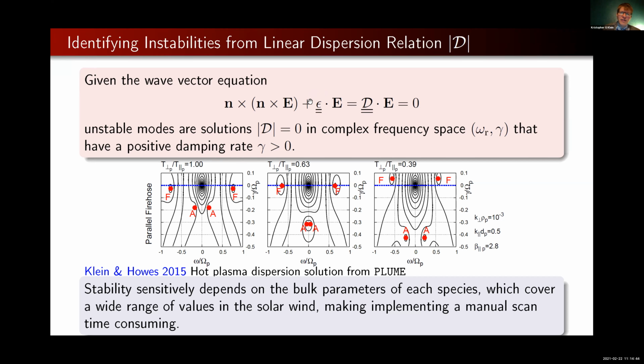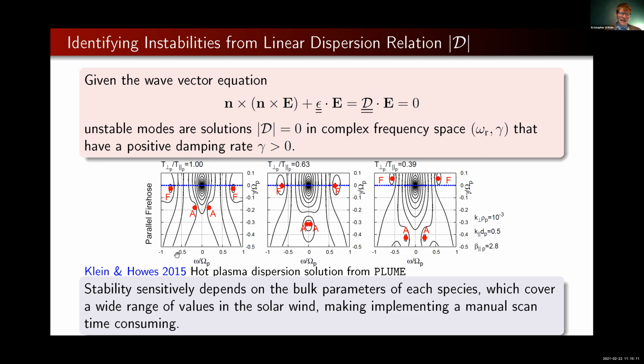All of the physics there is bundled together into that epsilon, that dielectric tensor, which is a sum of each of the individual susceptibilities. Given all of that physical complexity, one can determine the determinant of this D, and where that is equal to 0 are the non-trivial complex valued solutions to the wave equation.